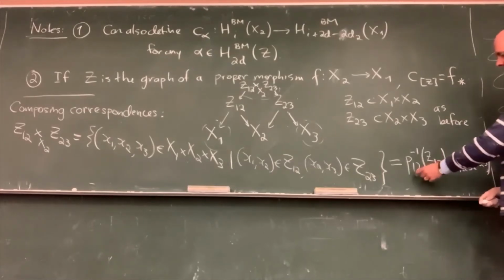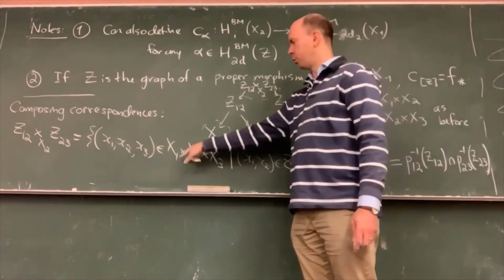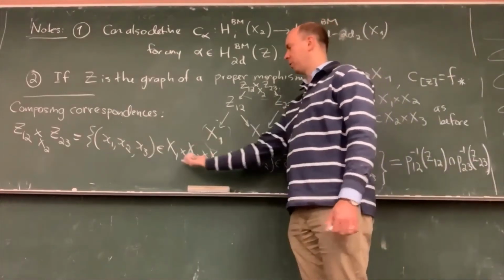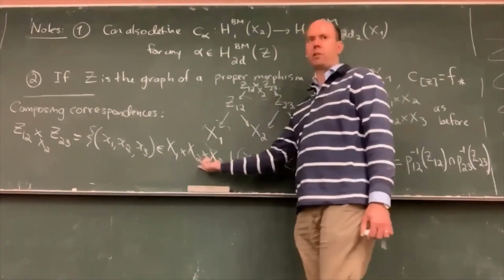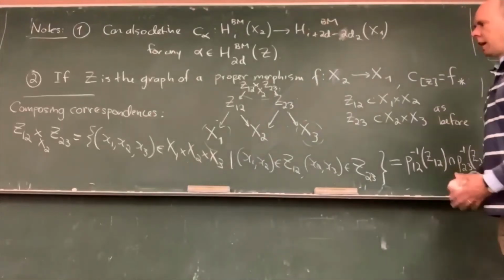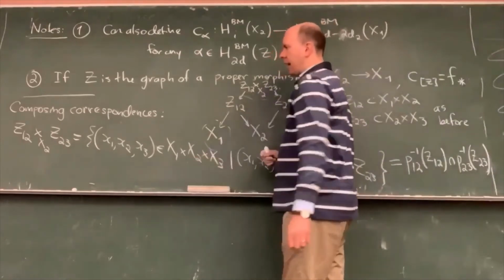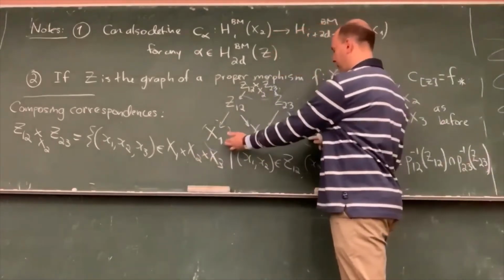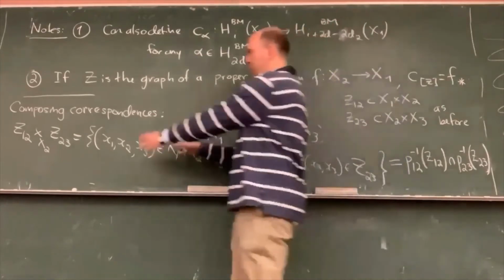Here these projections are going from this triple product to products of two of the factors. So P12 is the projection onto the product of the first two factors, P23 is the projection onto the product of the second and third factors. So that fibre product lives here. What we really want for a correspondence from x3 to x1 or vice versa is something that lives just in the product of x1 and x3.